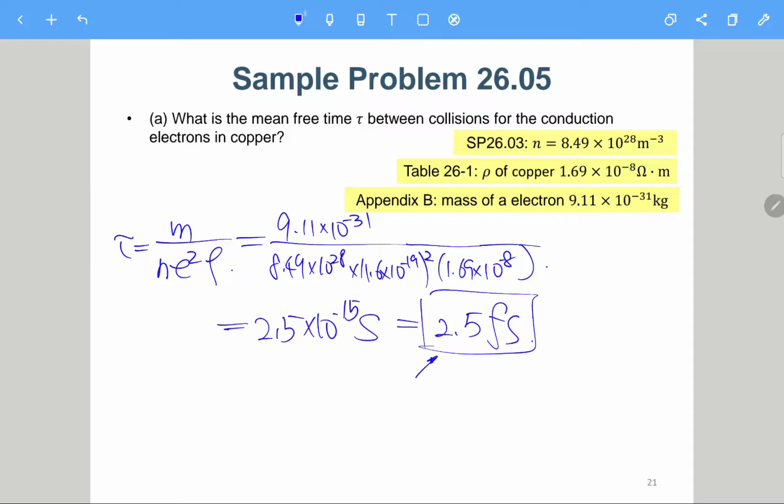It's like a micrometer per second, because it goes for like a femtosecond and then collides with the nucleus, and then it will go in the other direction and then collide again. So it makes the electron move effectively very slowly.